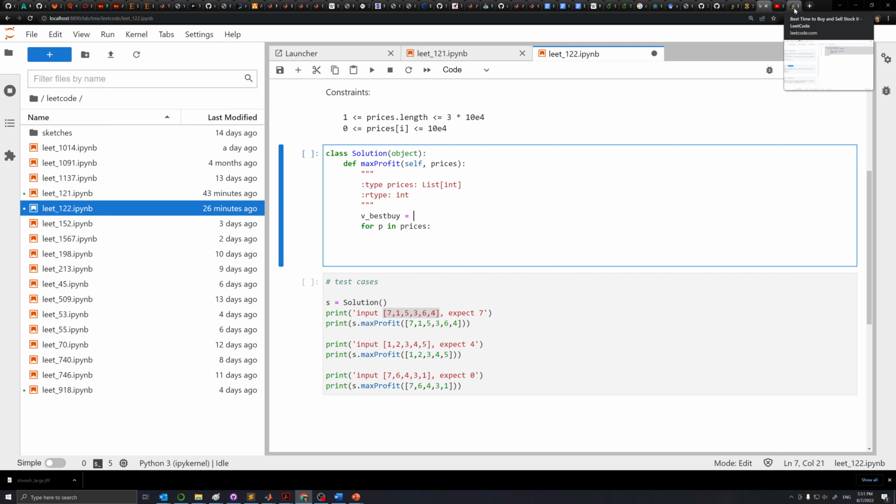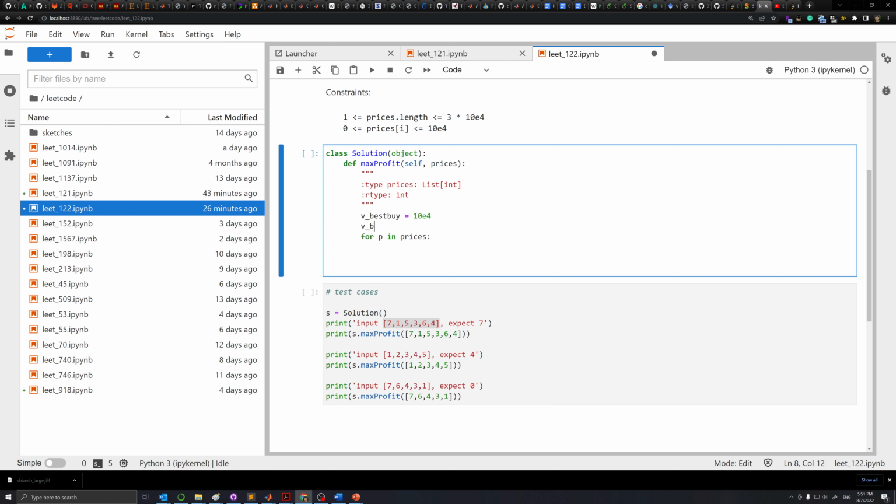I think we need to initialize it as the largest value because we don't know the price yet, so we're just gonna assume the worst case scenario at the beginning. And best sell value, well, we don't know what we can sell at, so we're gonna also start with the worst case scenario, right?